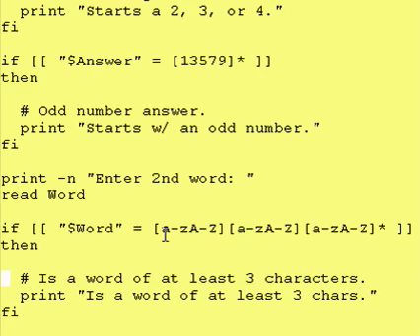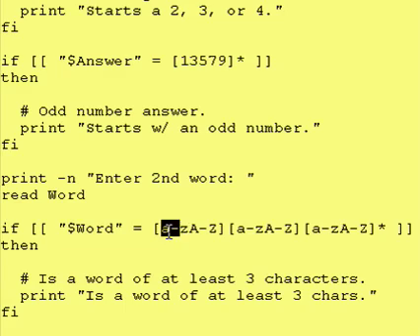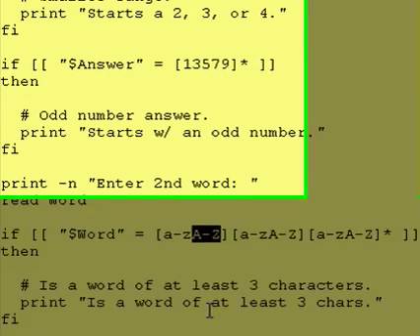So what this will test for is that your response starts with 3 letters, and they could be lowercase or uppercase. And this will expand out obviously to be all of the letters of the alphabet, and this will be all of the uppercase letters of the alphabet.